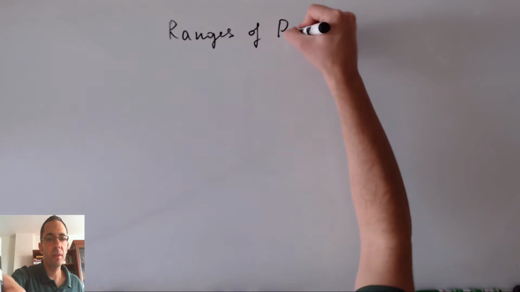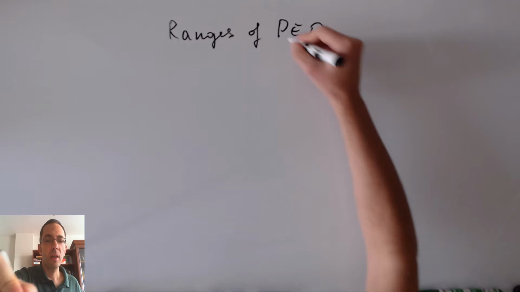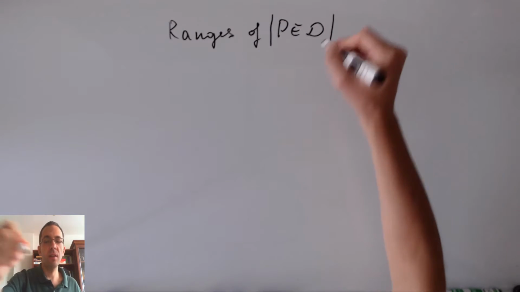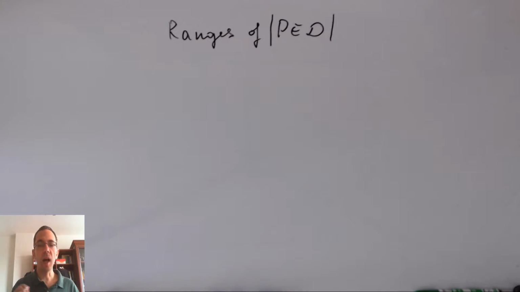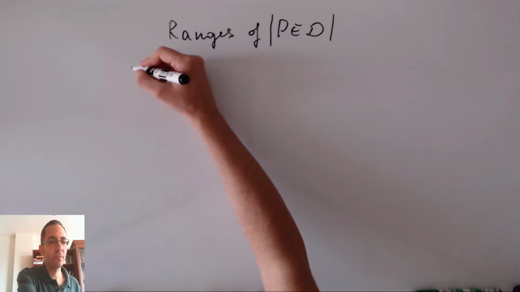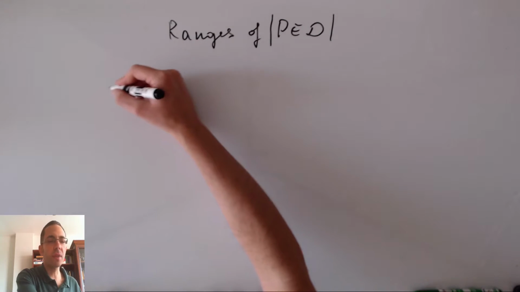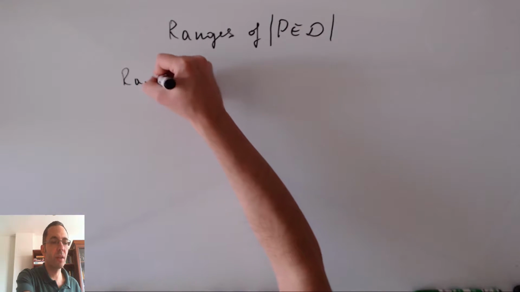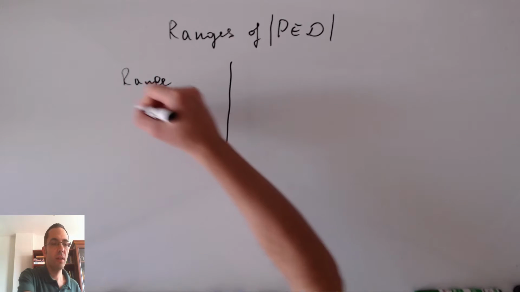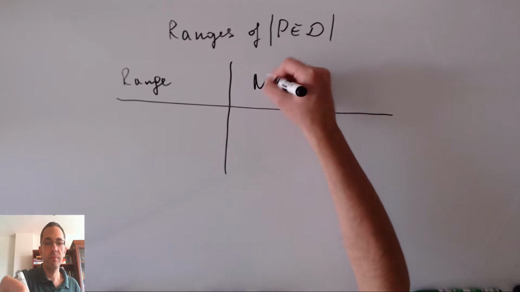Ranges of price elasticity of demand, and I'm going to put this in absolute values, just again to use positive numbers because it makes life somewhat easier. Okay, so I'll build a table. This will be the range, and we'll have a name.